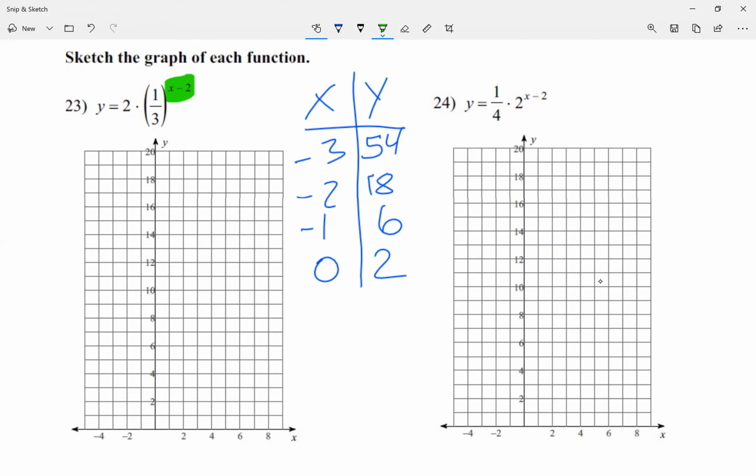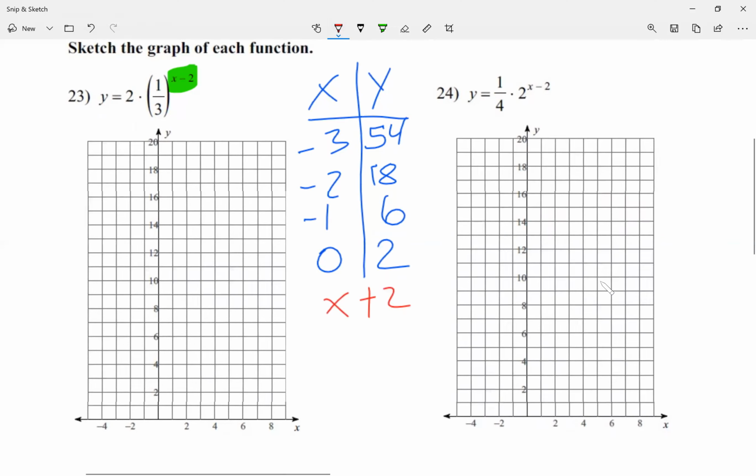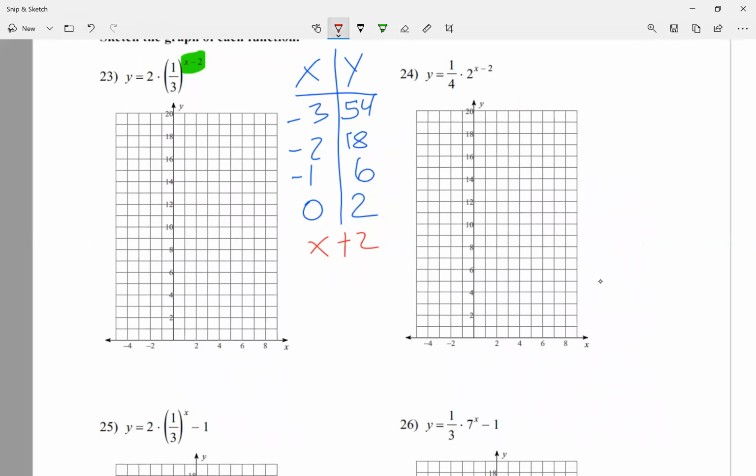Now, moving to the right, that means my x value, I'm going to add 2 to my x value. So, matter of fact, let me write what I just said right now. For my x value, let me add 2. I know it says x minus 2, but when we shift sideways, it's opposite of what I usually think. So I'm going to come up with my new x values.